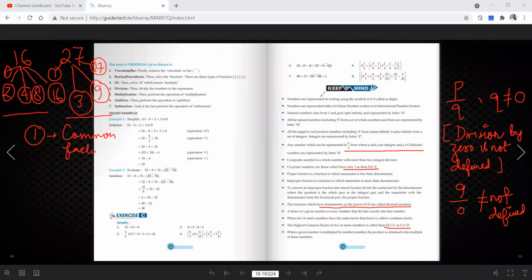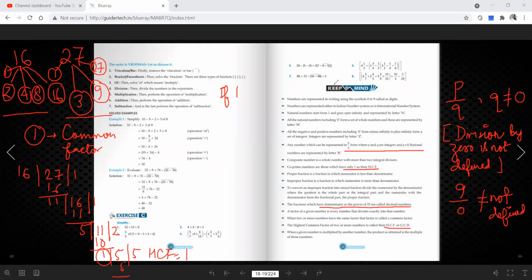Now suppose I do the HCF. Here we will see how much it will come. So HCF also came as 1.